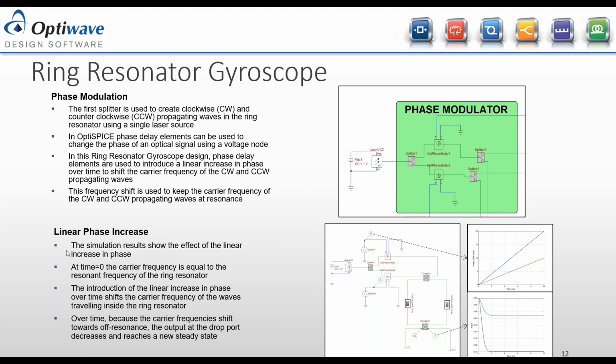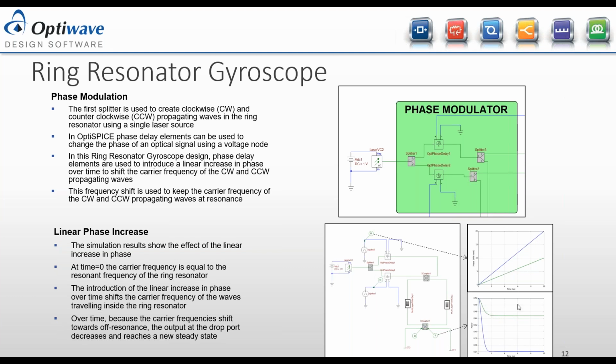So the way the phase modulator works is I have a simulation result for a basic phase modulator here. We apply a linear phase shift like I described earlier, and the rate of change over time will actually induce different frequency shifts.